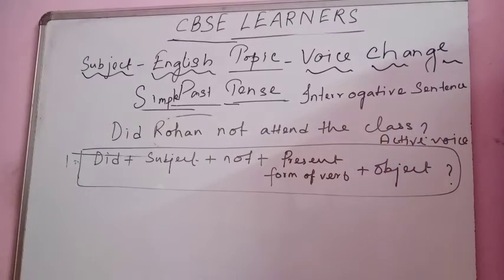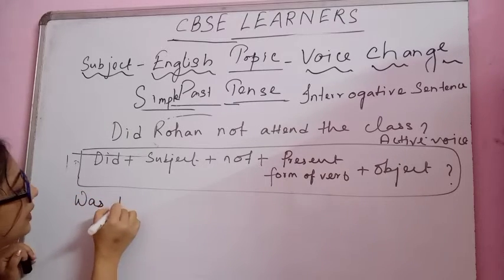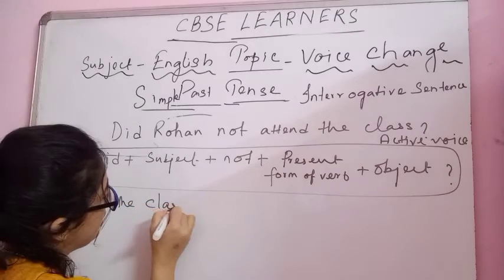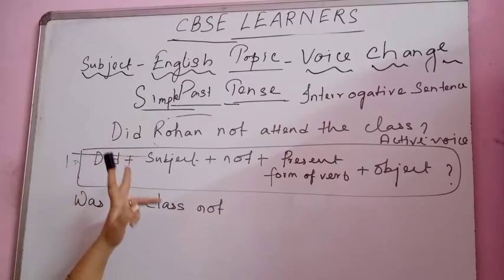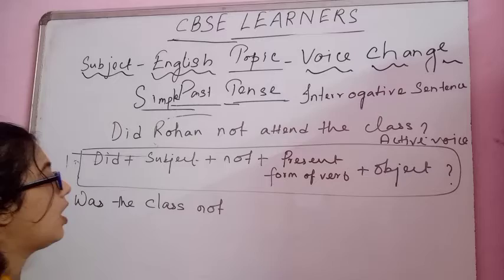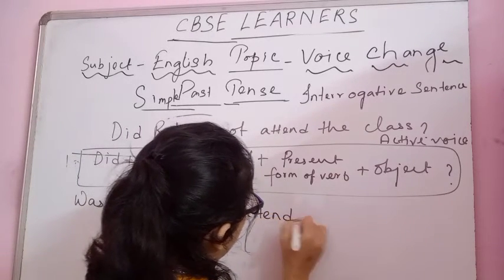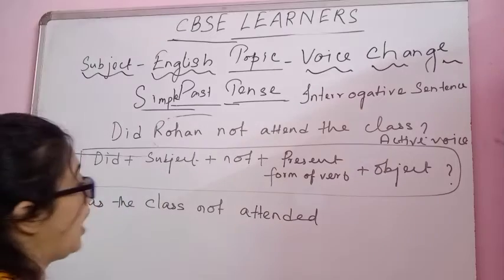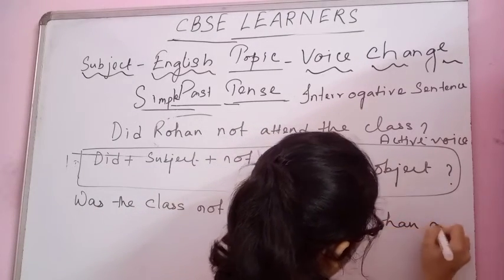Okay, now comes the passive voice. Now we need to change. Now what we'll do, we'll be using the same was the class not, or if you are using didn't, then you have to use wasn't the class attended by Rohan. Was the class not attended by Rohan? Okay, with a question mark.